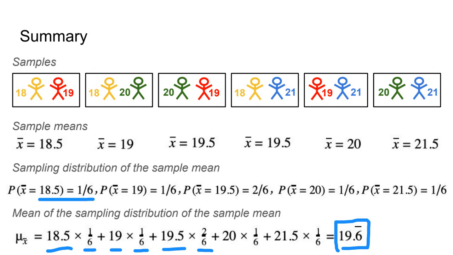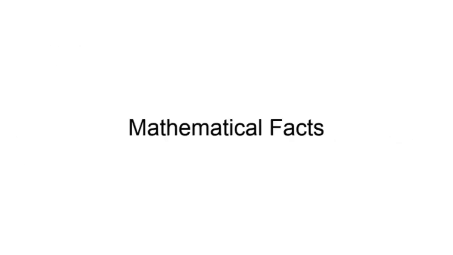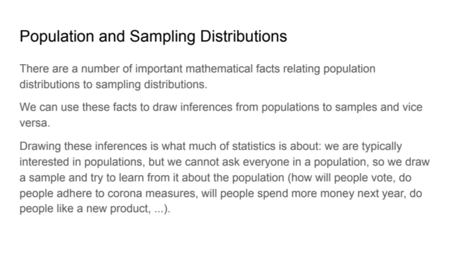So there's a couple of interesting mathematical facts that we need to be aware of. And these mathematical facts have to do with the relationship between the population and the sampling distribution.